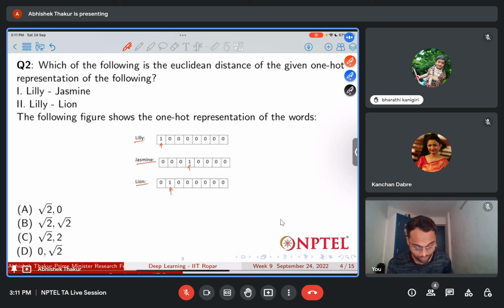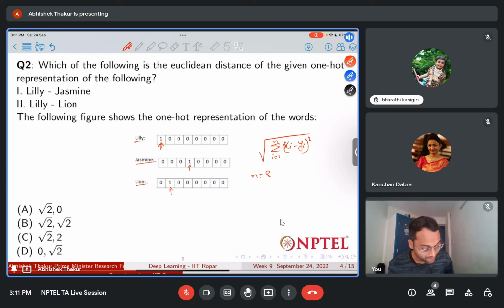Now when you have to find the Euclidean distance, the Euclidean distance is simply the square root of the sum of xi minus yi whole squared, i equal to 1 to n. So here 1 2 3 4 5 6 7 8, n is equal to 8. But in a one-hot vector, we know that there will be a 1 at only one place.